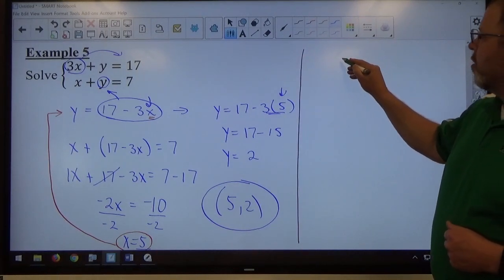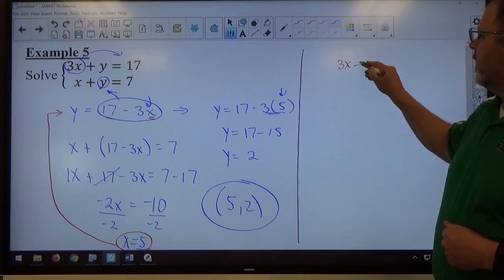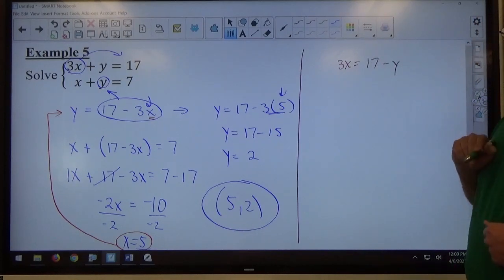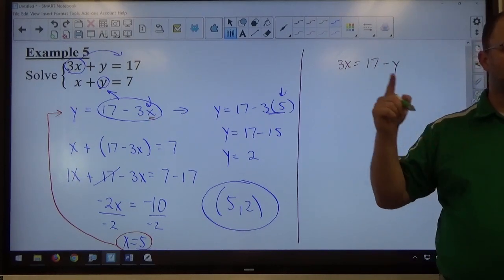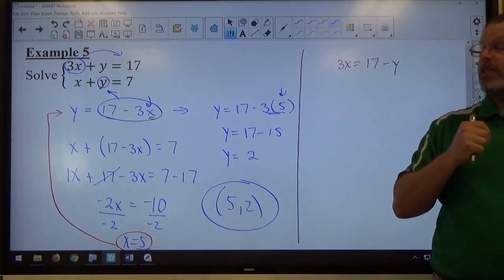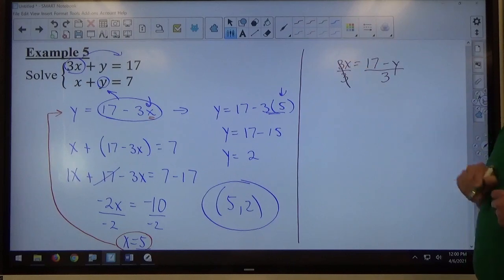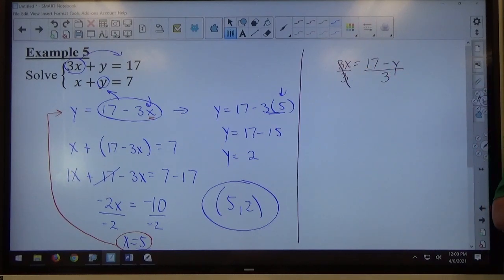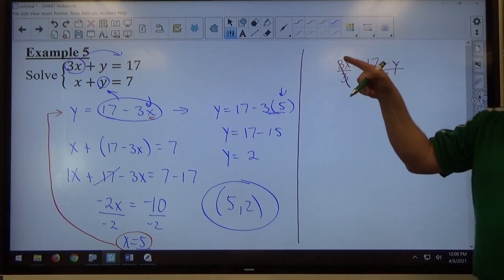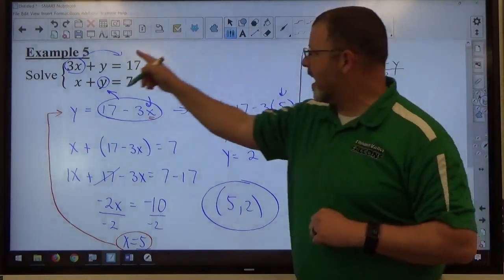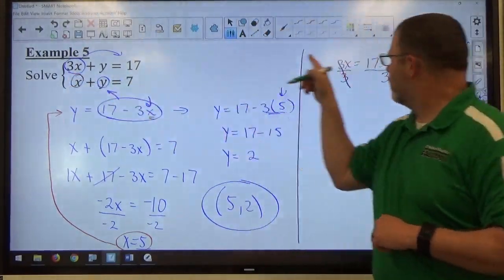I would have gotten 3x equals 17 minus y, right? I'm going to get x equals, so I've got to move everything not x to the other side. Then I divide by 3. So x equals that. Then, that came from the top equation, so I have to replace this x here with this expression here.